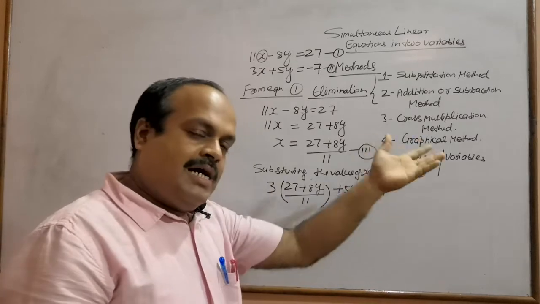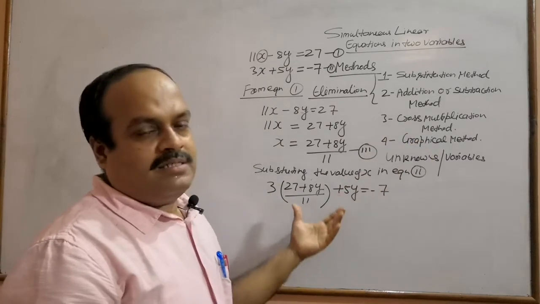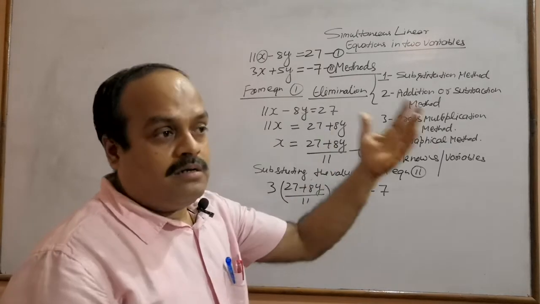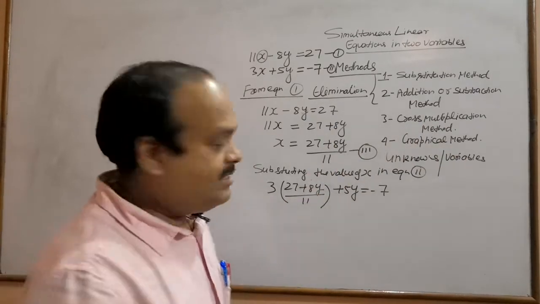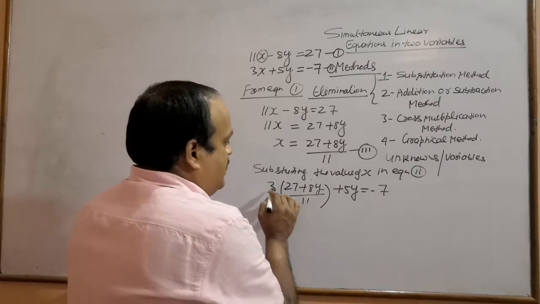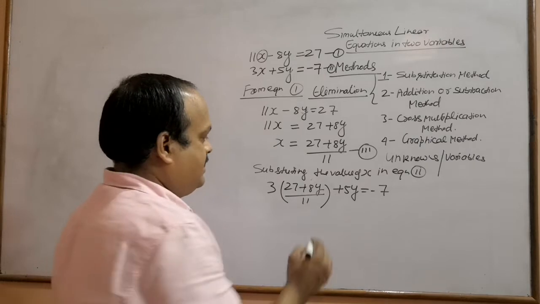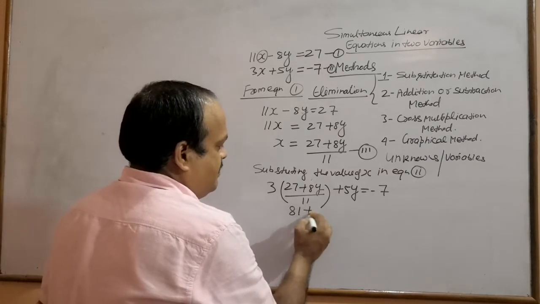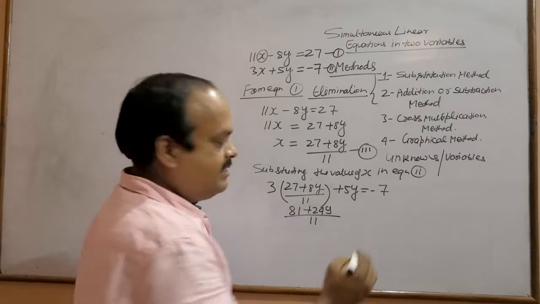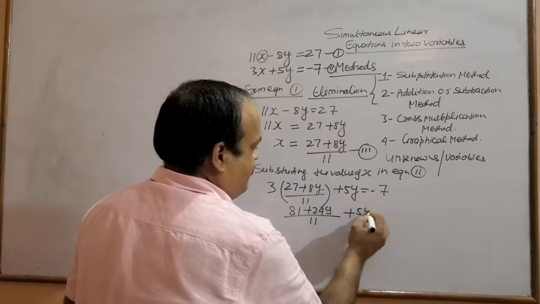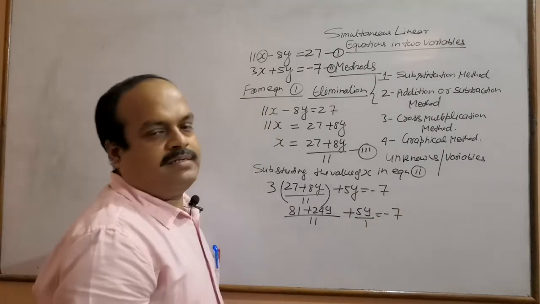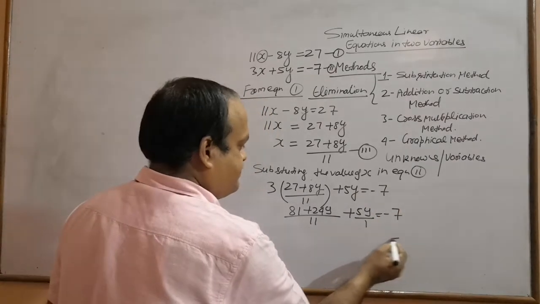Solve this and get the value of y, because this type of equation you might have solved in class 6 or class 7. If not, let us solve. Multiply: 81 plus 24y upon 11, plus 5y upon 1, equals minus 7. Take LCM.